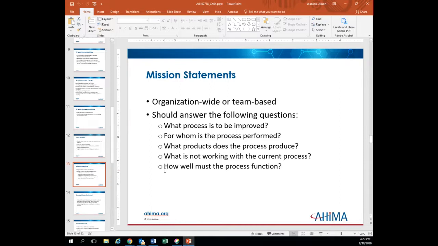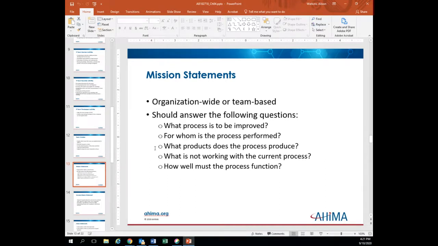And a team can have a mission statement. So a mission statement is not just for an organization. A team can have a mission statement. But a mission statement identifies the performance improvement team, what it does, who it serves. Where a value statement is a short description that communicates an organization's social and cultural belief system.